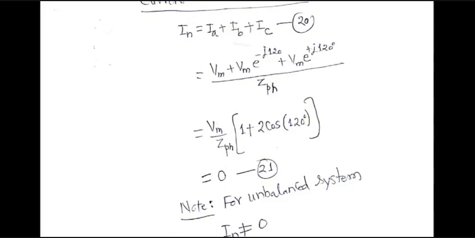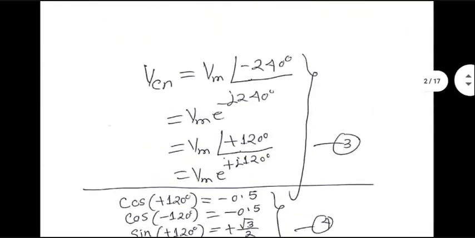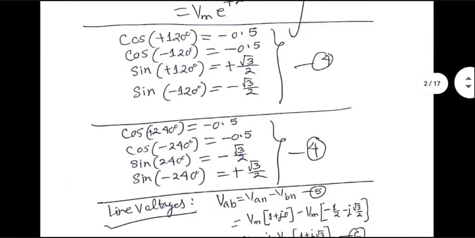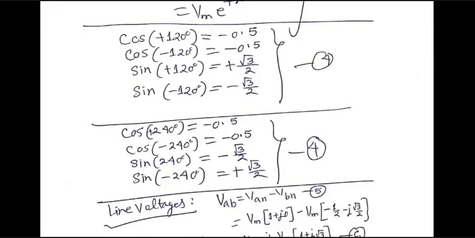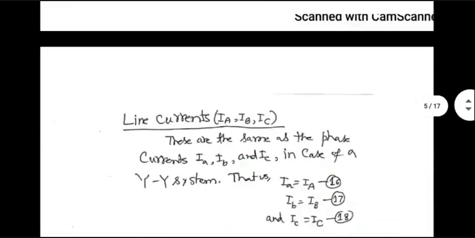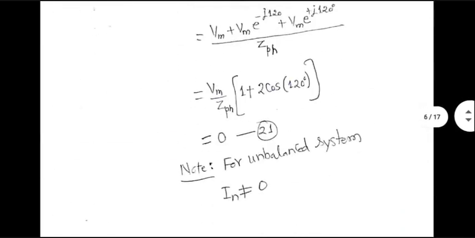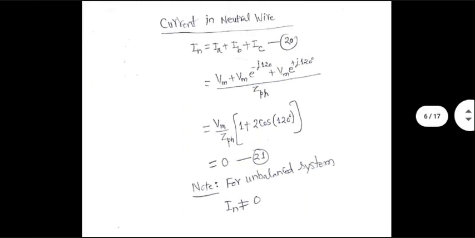And that, because cos 120 degrees is minus 0.5, the current in the neutral in this hypothetical case that we are looking at is 0.